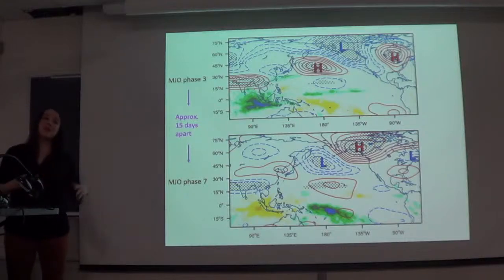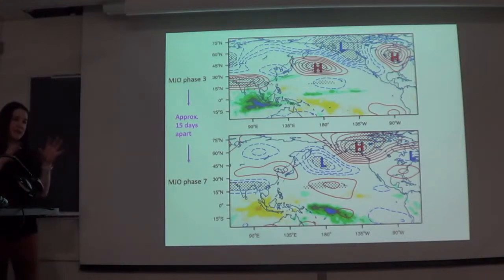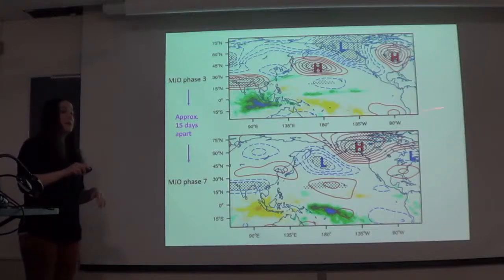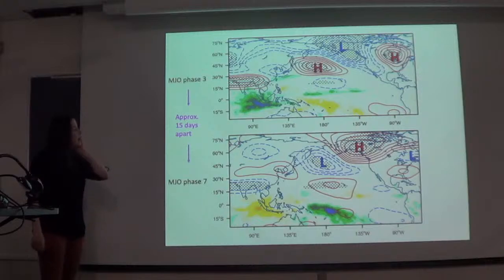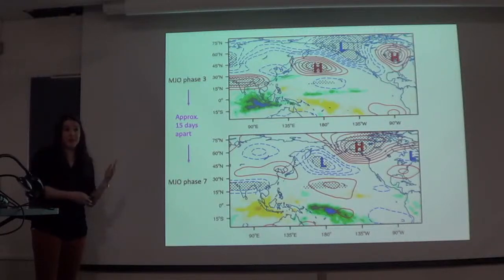So it's actually really noisy, which is why I like to look at lags as opposed to lag 0 composites, because it takes time, as Michael said, for that signal to get established up there. And the tricky thing too is as you get to later MJO phases, you also have impacts from previous MJO phases. So it's actually simpler a lot of times to look at the early MJO phases for that reason.